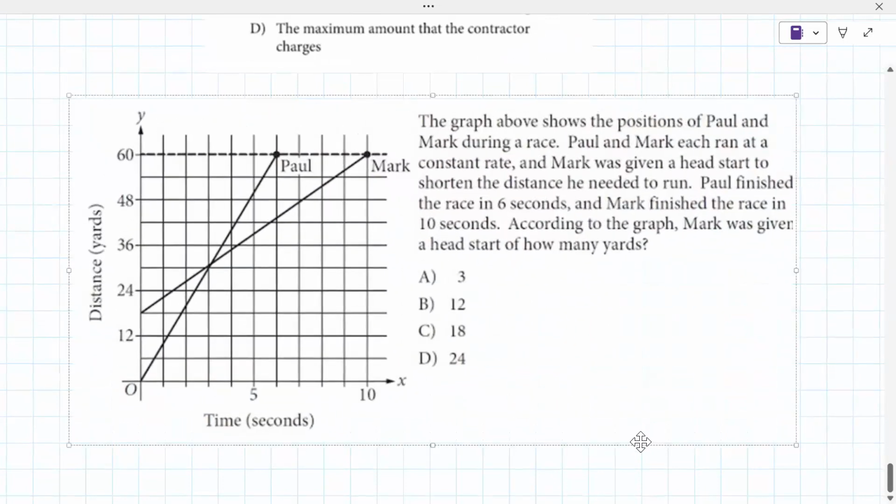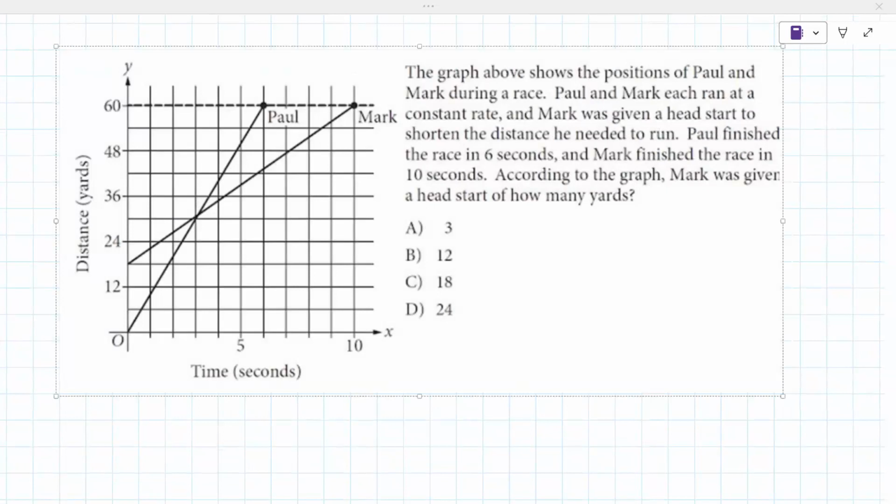Please use the strategy and try not to overthink this, because they look difficult, but they're not meant to be. 18.